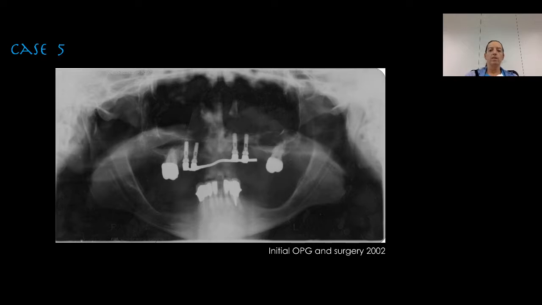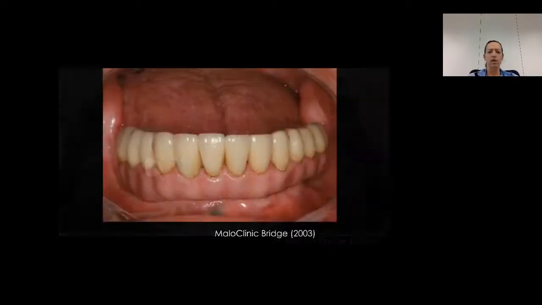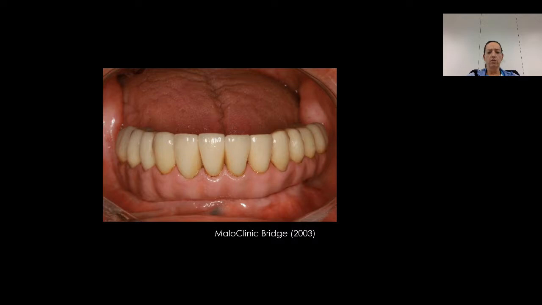Another case, this case was performed in 2002, the lower surgery, so we extracted all these teeth. We did lower All-on-4. Here you can see a Marlborough Clinic bridge, ceramic in the lower. This is from 2003. This is how it looks in 2003.